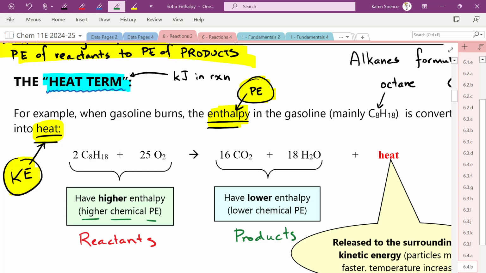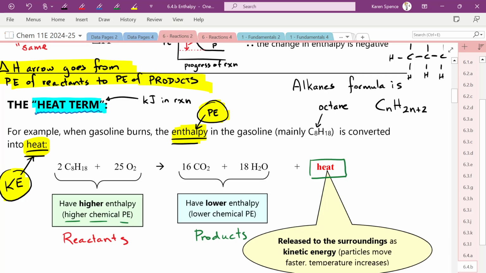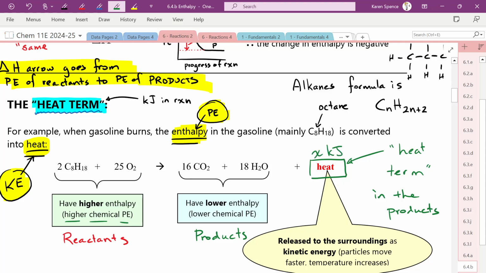And that means our heat term is in the products. And that's going to be, I don't know how many kilojoules.